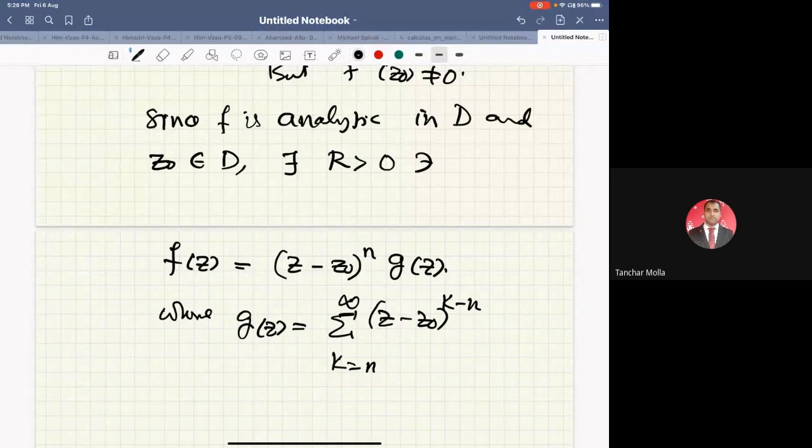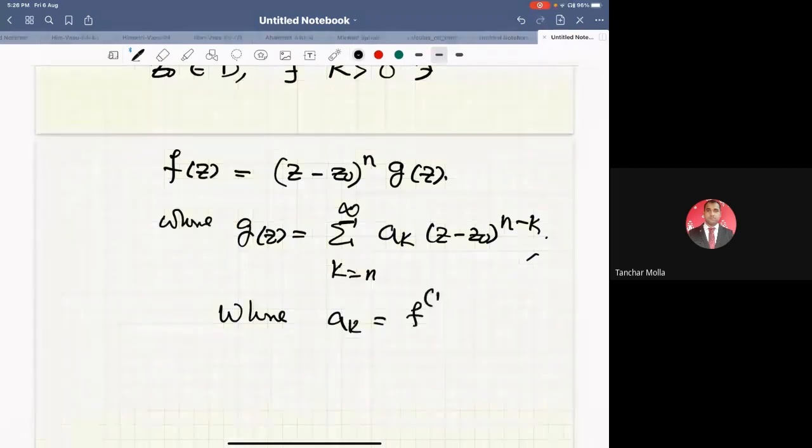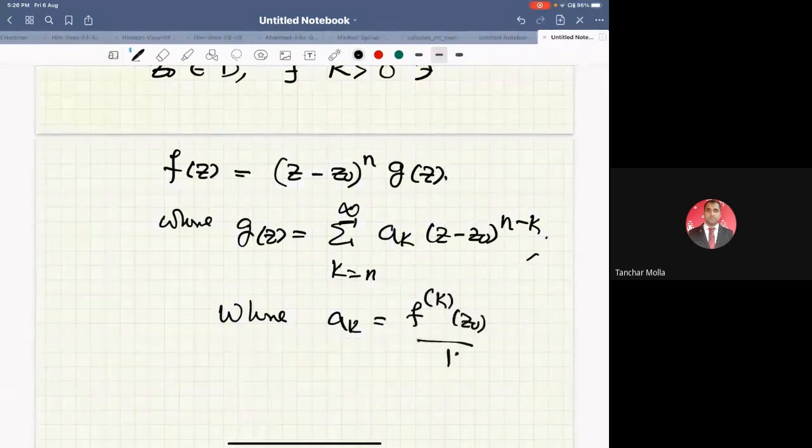Let me rewrite this: a_k into (z minus z naught) to the power of k minus n, where your a_k's are nothing but f^(k) of z naught by k factorial, in mod z minus z naught less than r.